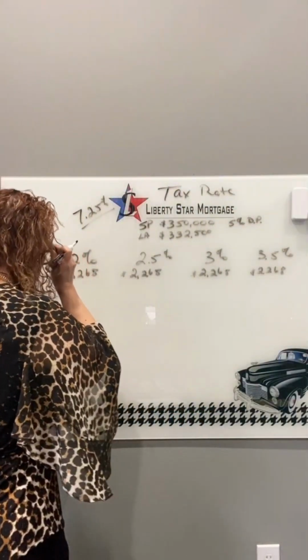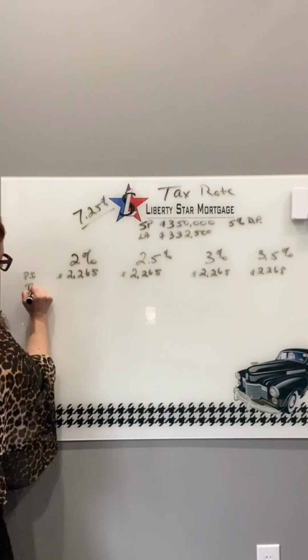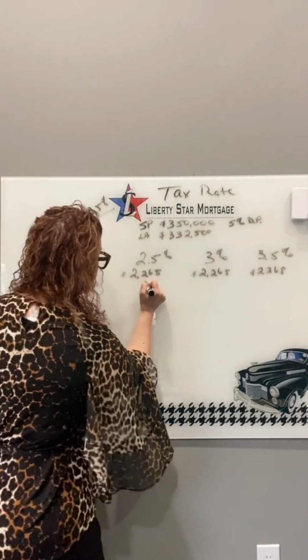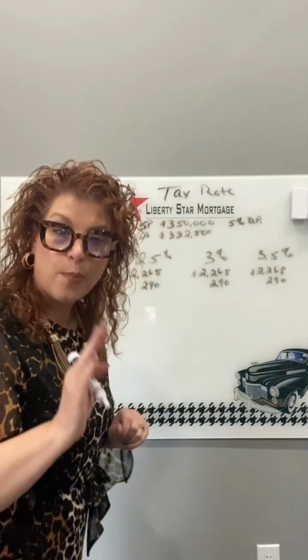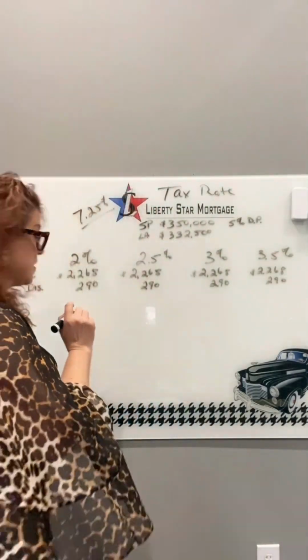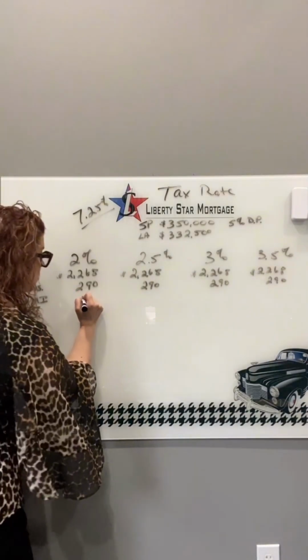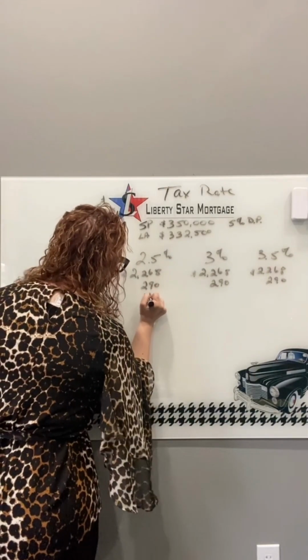Next, we're going to add insurance, INS right there. Let's say insurance is $290 a month. Next, we're going to go with mortgage insurance. Mortgage insurance is going to be another video, but in this case, it'd be about $180 a month. So I'm going to write MI over here, 180.